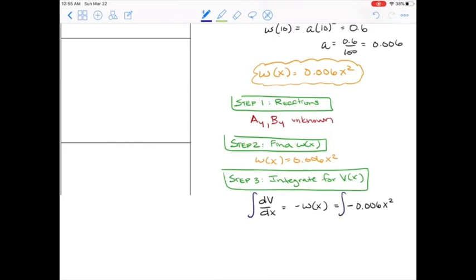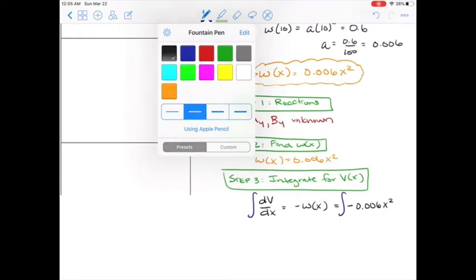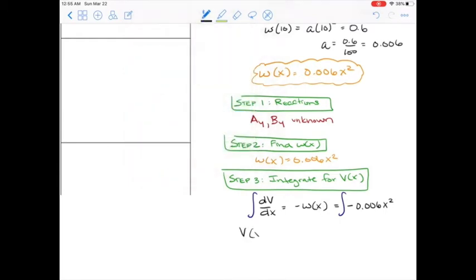I integrate dV/dx, that's going to give me V. And if I integrate the other side with respect to x, I get negative 0.006 x cubed divided by 3 plus some constant, and I'll call that constant of integration C1.